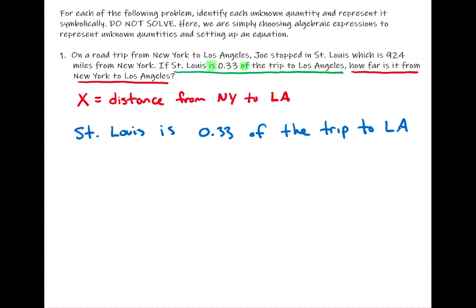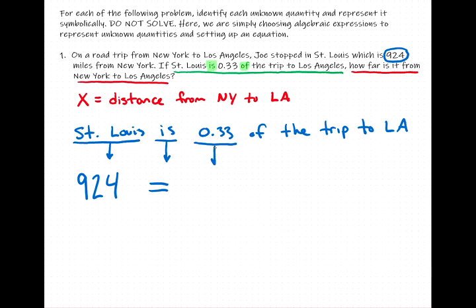All right, so now everything here could be translated into a number, a variable, or a mathematical operation. So the trip to St. Louis, well, we know how far that is. That's given in the problem. That's the 924. The trip to St. Louis equals 0.33.